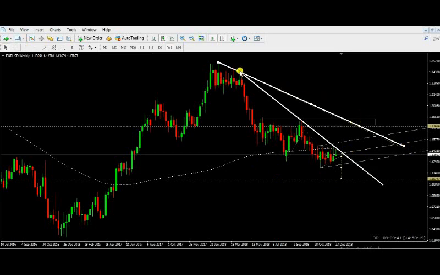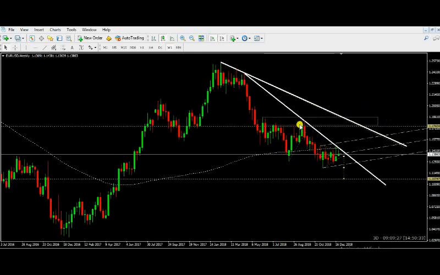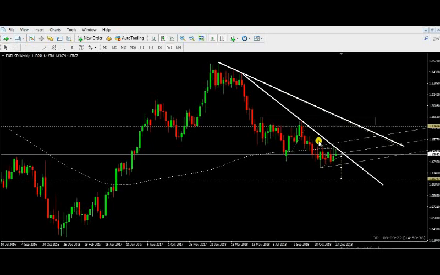So here we have this huge trend line that you can see, this white trend line, right? So we have this box here, and this is an area of supply. So when you have a supply like this, it means that there are buyers at this area. This is just clearly what it means.